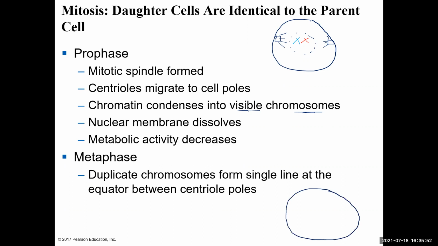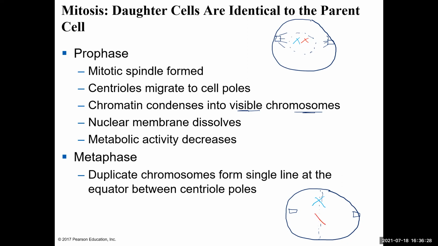Okay. Now, after this happens, so after prophase, you get metaphase. And so with metaphase, right, you have your centromeres at the poles, and I'm drawing this dotted line here to represent the equator of the cell. So in metaphase, the sister chromatids will line up along the metaphase plate, where one copy of the sister chromatid is on one side of the cell and the other is on the other side of the cell.